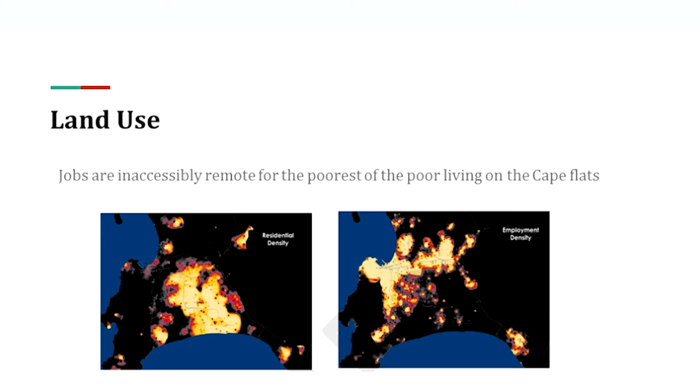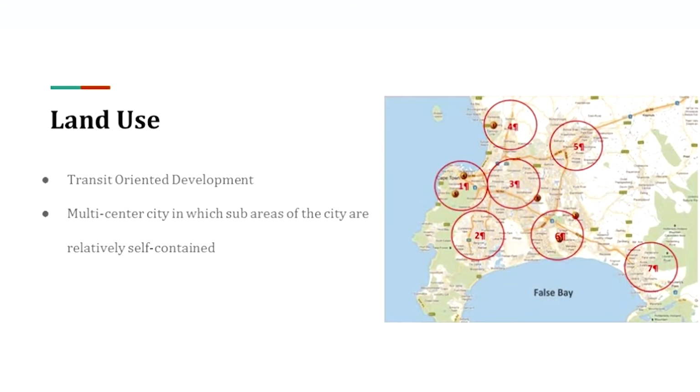As you can see in these 2 pictures, the residential and employment densities are on opposite sides of the city. This is Cape Town, just for reference, in the corner is the center of Cape Town. So going from there, our land use strategy is based on transit-oriented development, kind of similar to what they were doing in Johannesburg. We're going from the radial transit corridors and trying to develop these corridors along the way.